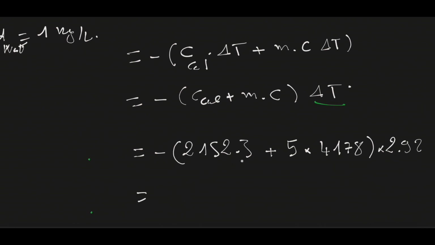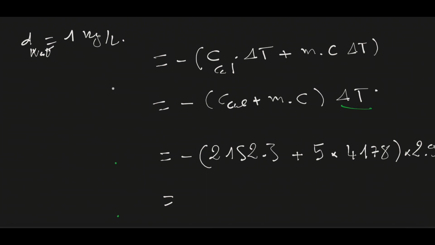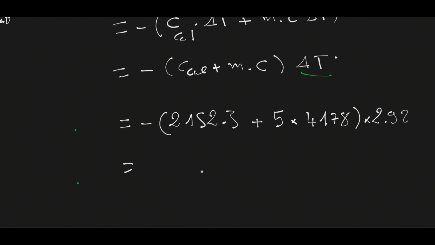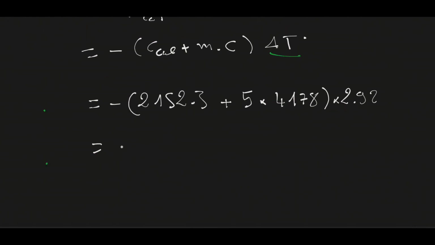Now we just do the math and we get the heat released from the combustion reaction: negative 67,283 joules, or in kilojoules about negative 67.3 kilojoules.